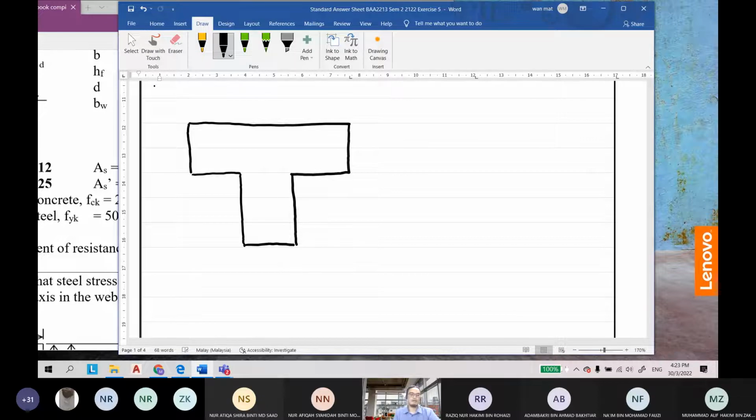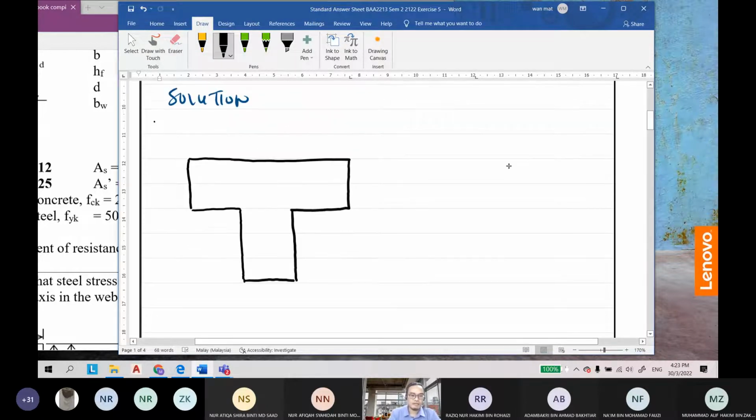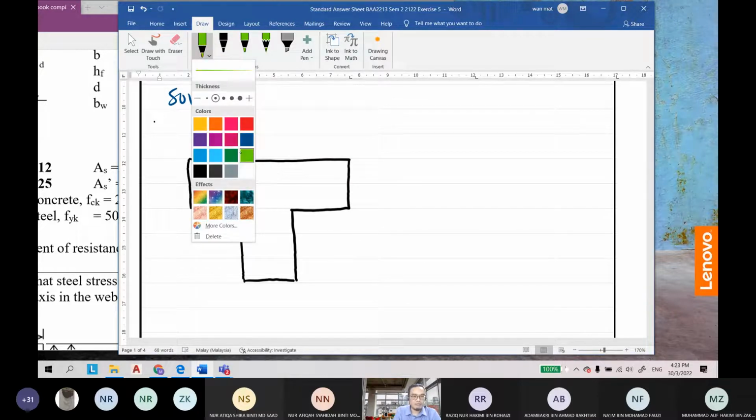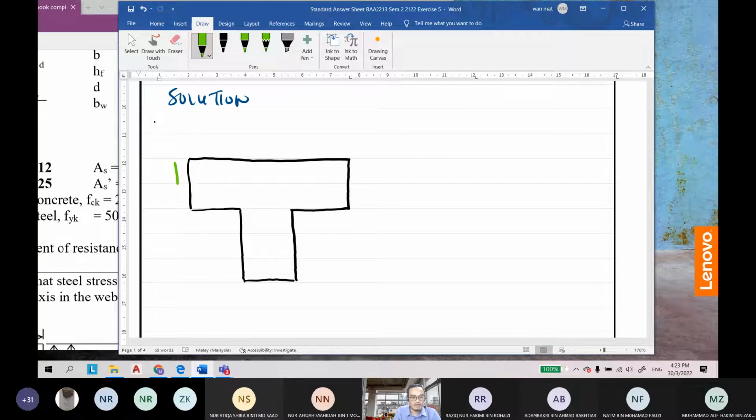This is the T section of the beam, and this is HF, equal to the thickness of the slab, and this is B, the width of the considered slab. This is the width of the beam itself, which is BW.